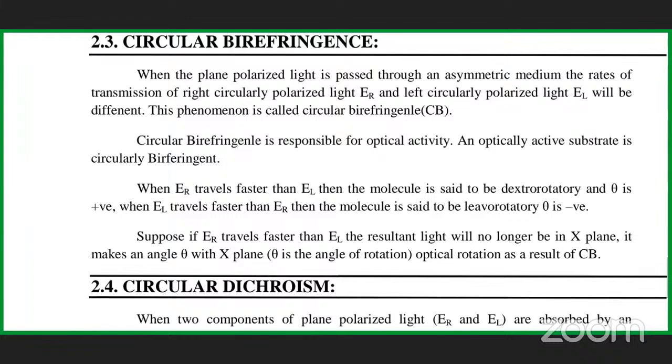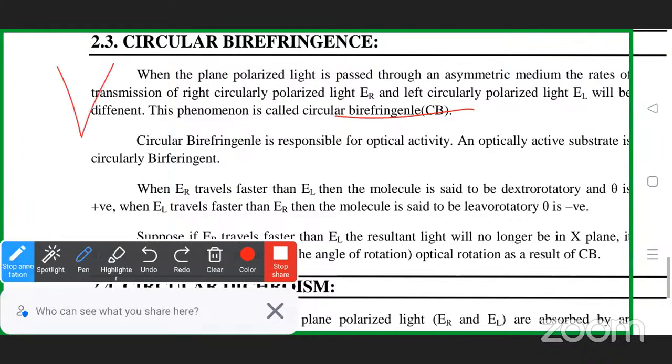That phenomenon is called circular birefringence. This is one of the important definitions here. Which kind of compound is able to rotate the PPL? Only an asymmetric medium or chiral compound. They are able to rotate the PPL either towards the right side or the left side.